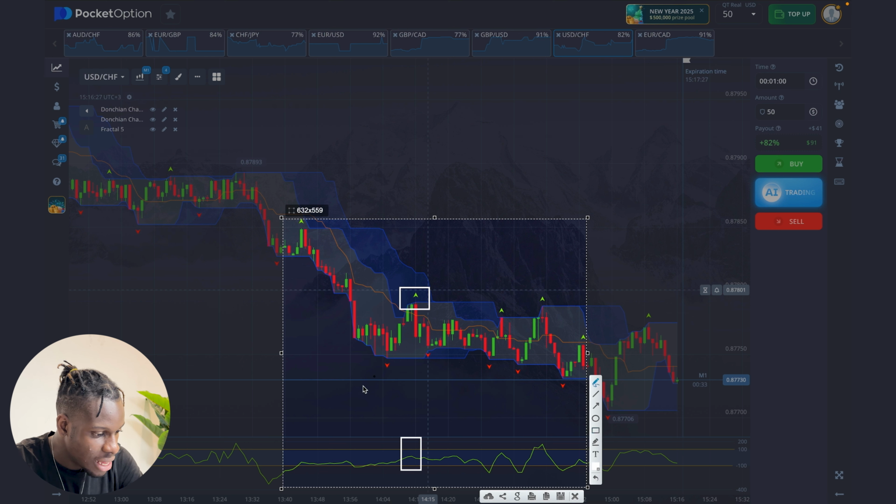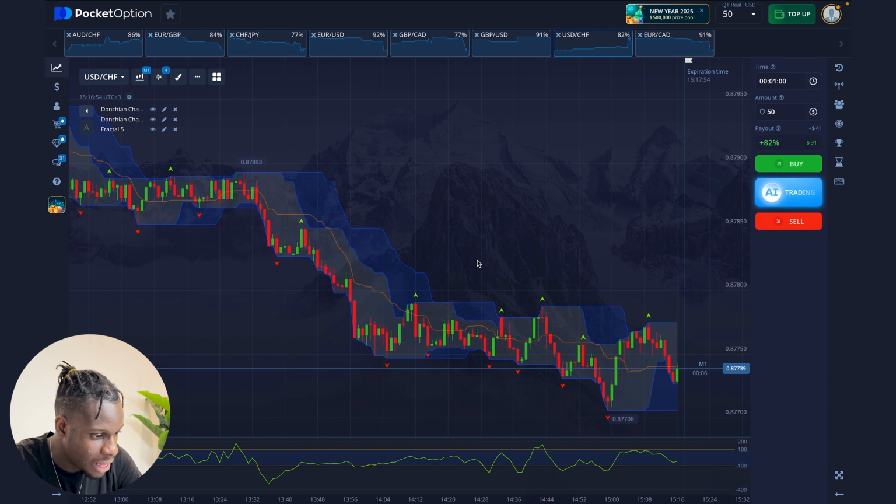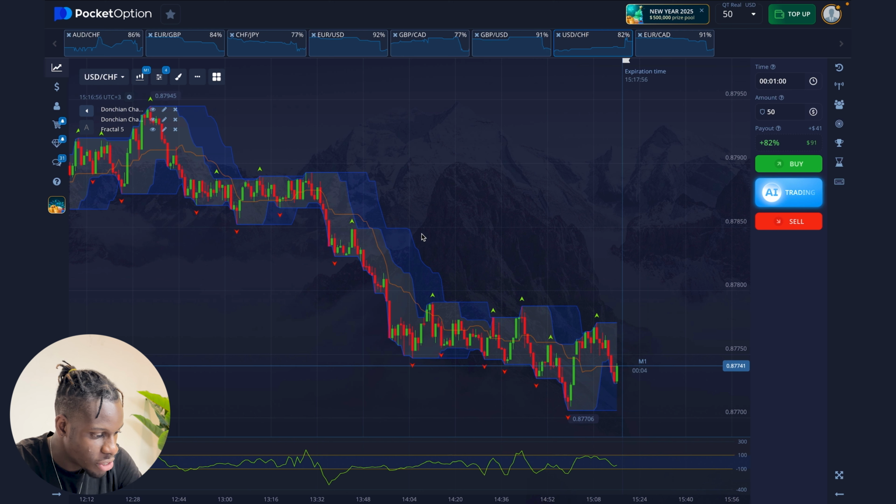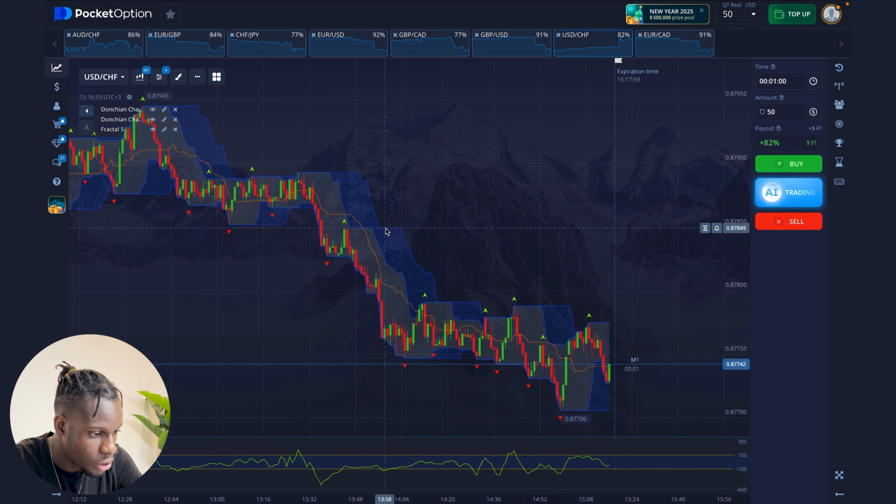So theoretically, a sell trade can also be opened here following this logic, but it's more difficult. If you're starting out the strategy for the first time, I'm going to recommend you use the first entry method that I explained earlier.